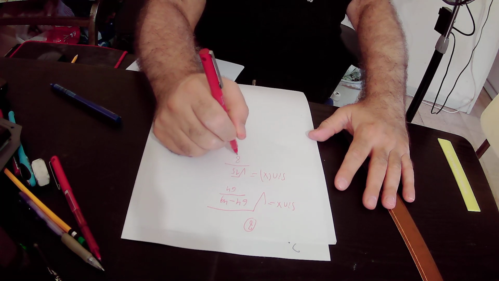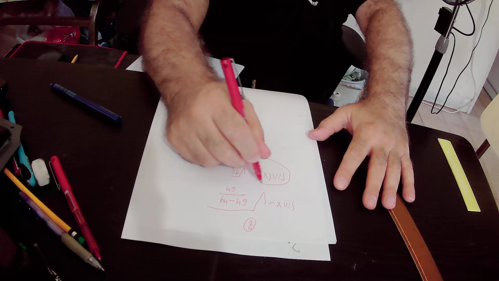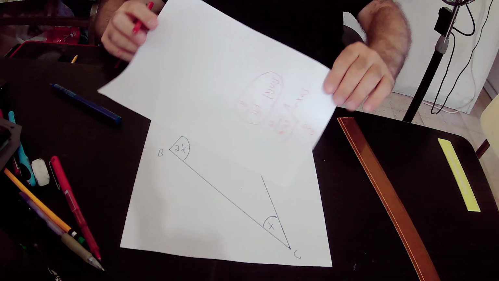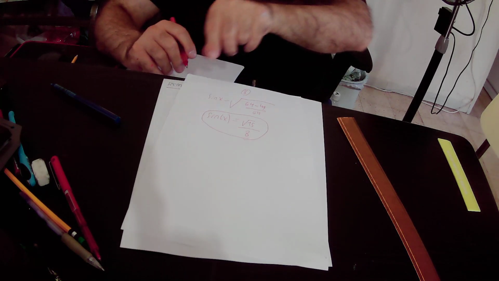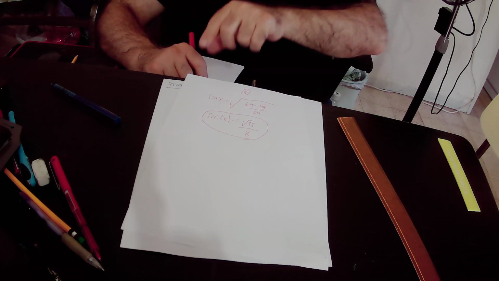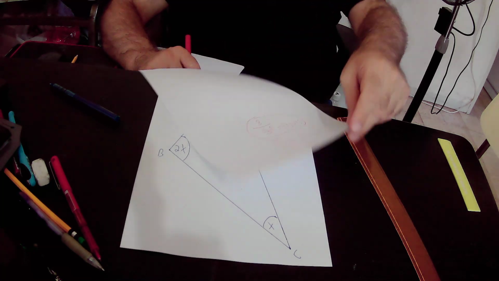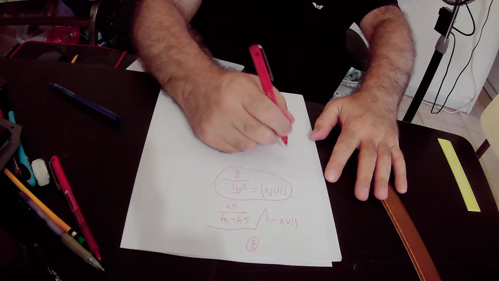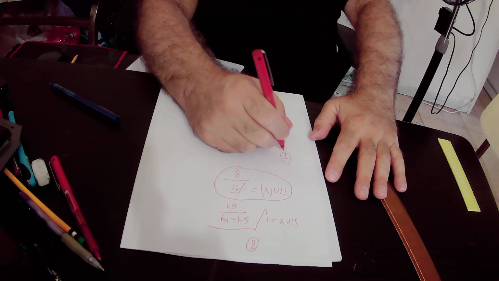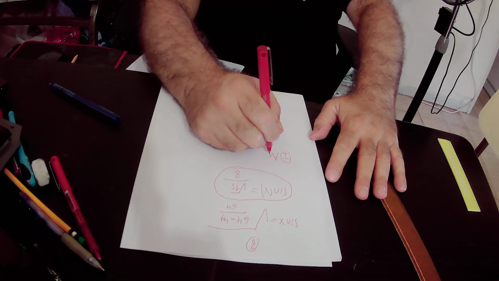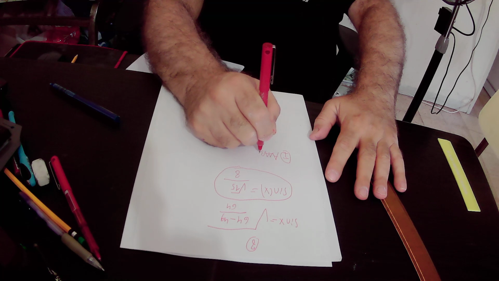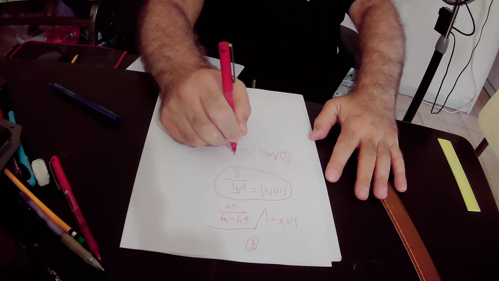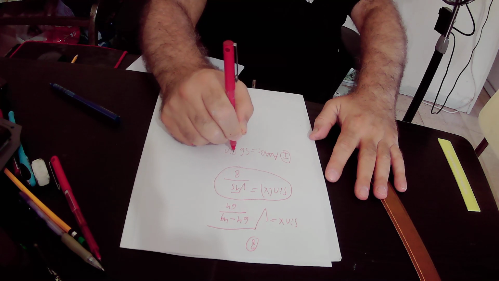So we found out that sine x equals root 15 over 8. Equation number 1 states that the area of triangle ABC equals 56 times sine 3x.